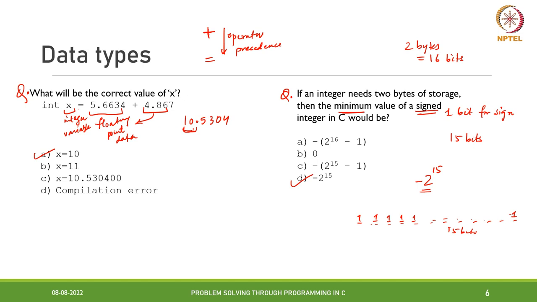The rest of the 15 bits we just set to the maximum. So the minimum value that you could store is minus 2 to the power 15. But yes, of course, like you said, we can calculate it as 2 to the power n minus 1 for a signed integer, right?